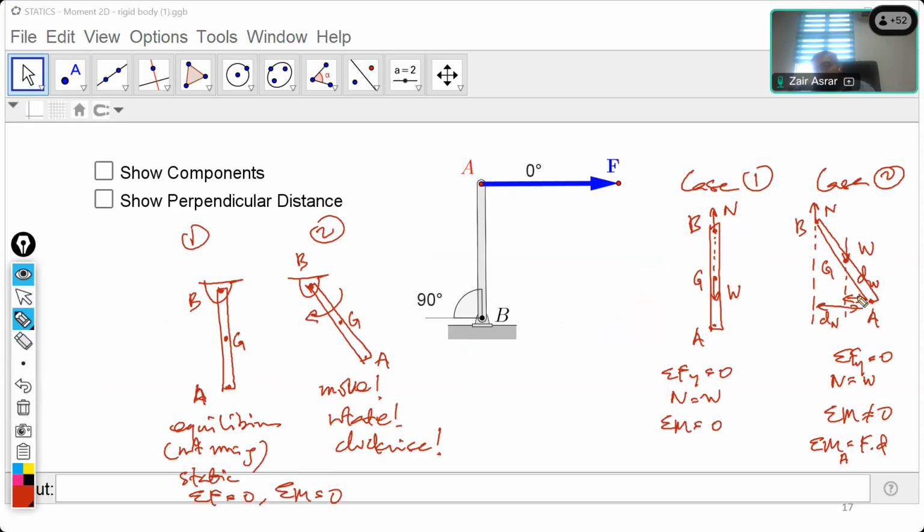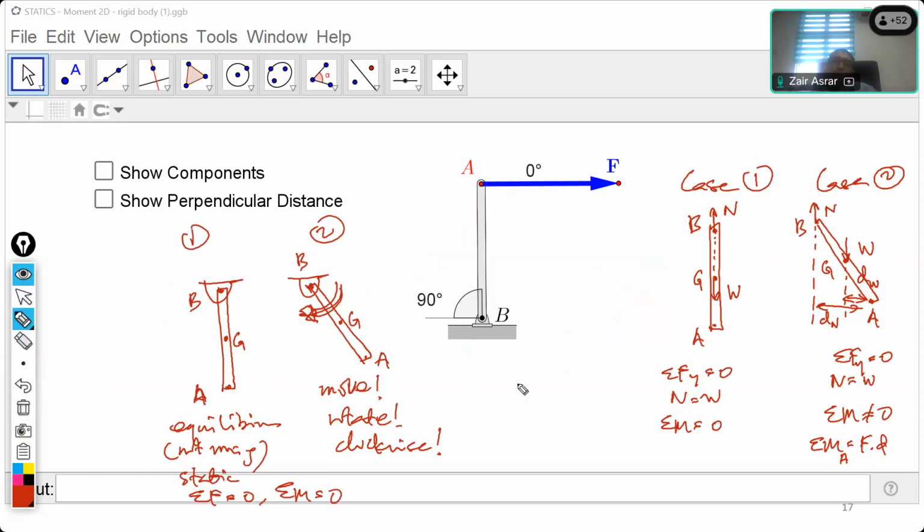The sum of these two moments will not be equal to 0. You'll have a value. That's the reason why the object will rotate clockwise. Basically that is what happens here.